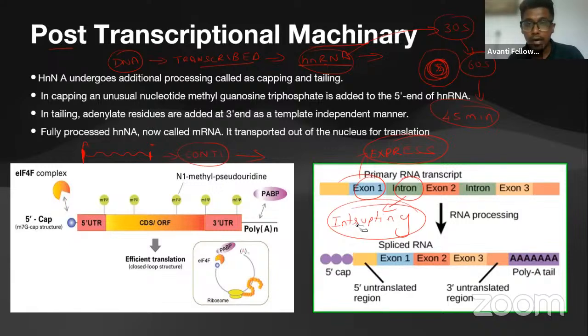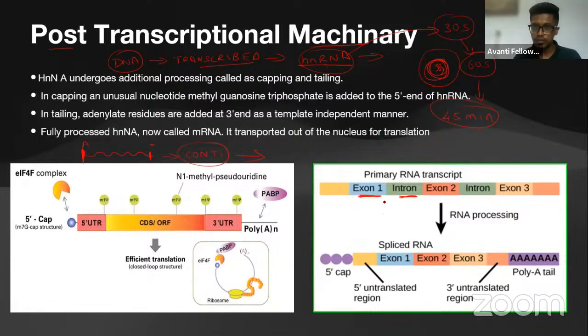If I look at a eukaryotic gene, I can see that there are two types of sequences. One is called exon sequences, the other is called intron sequences. Exon means express, expressing sequences. Expressing sequences means something that makes sense, something that results in the formation of protein.